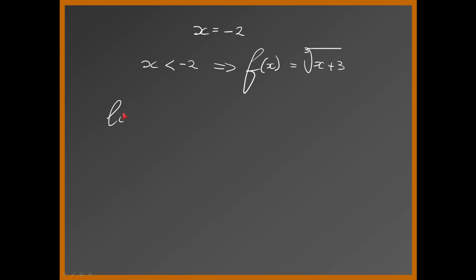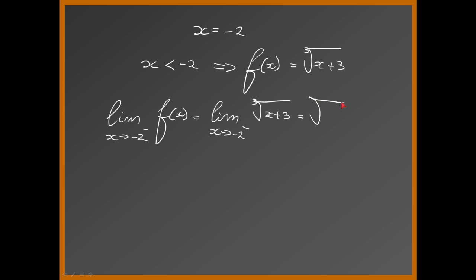This means that the limit as x approaches minus 2 from the left of f of x is the limit as x approaches minus 2 of the cube root of x plus 3, and this is equal to the cube root of x plus 3 evaluated in x equal to minus 2. This since the cube root of x plus 3 is a continuous function. This equals the cube root of minus 2 plus 3, and this is 1.